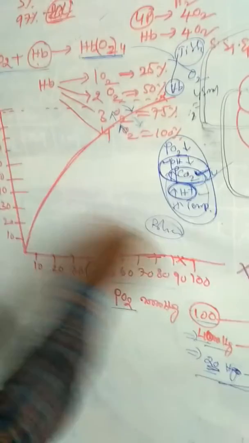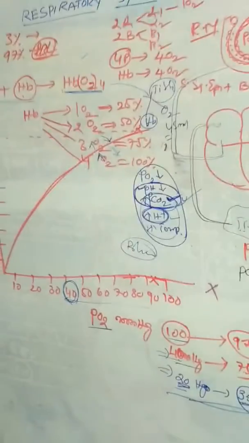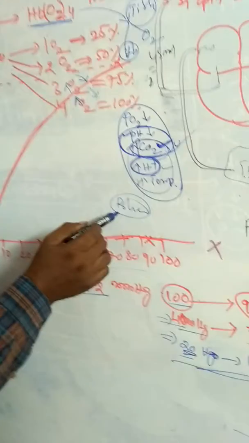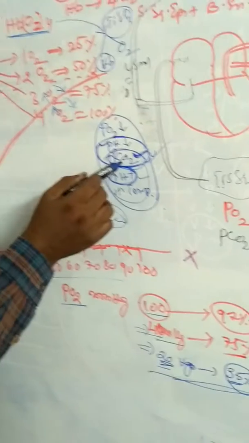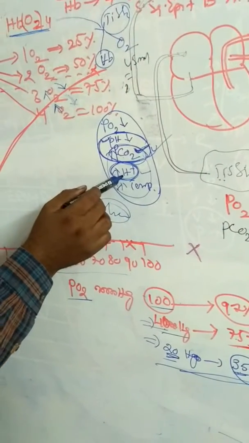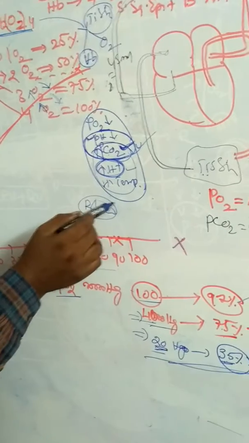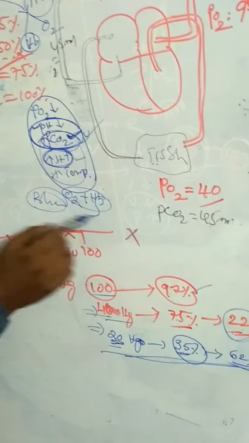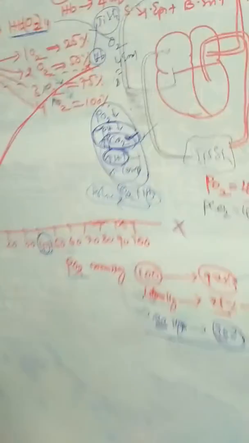That effect is called the Bohr effect. What is the Bohr effect? The effect of CO2 and H plus ion concentration on the affinity of O2 with the hemoglobin is called the Bohr effect.